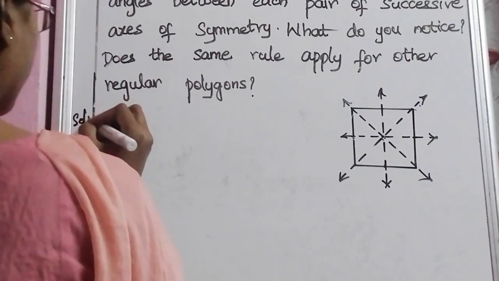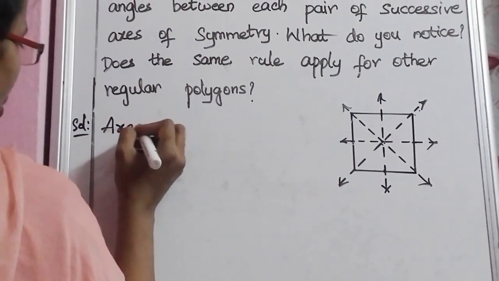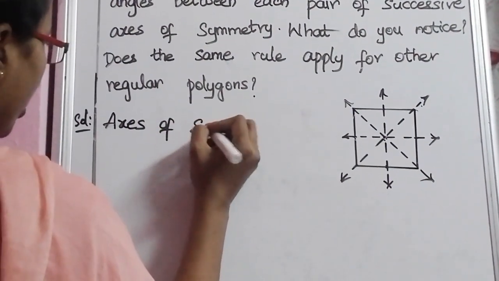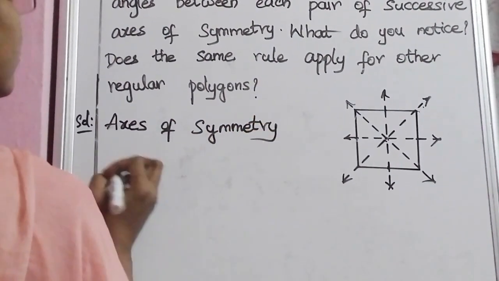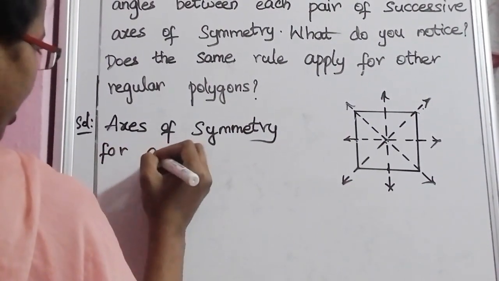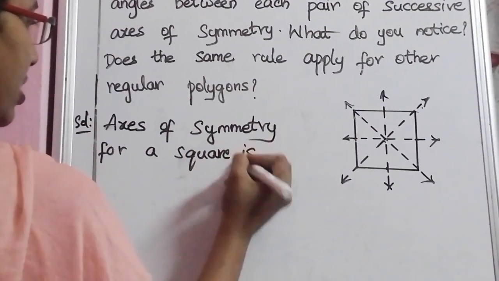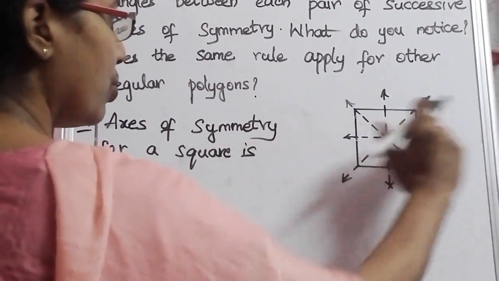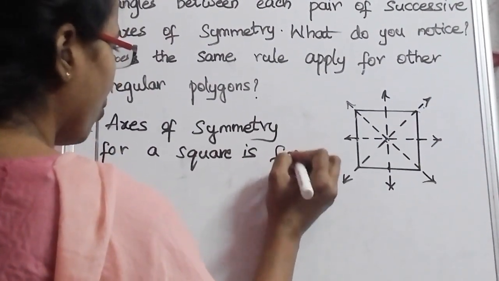Solution: axes of symmetry for a square is, let's count, this is 1, 2, 3 and 4 is 4.